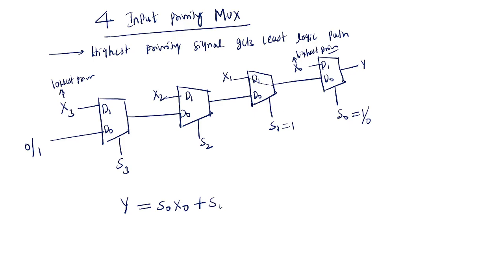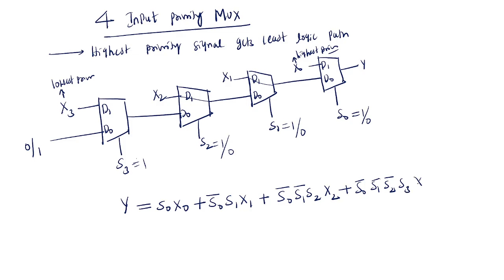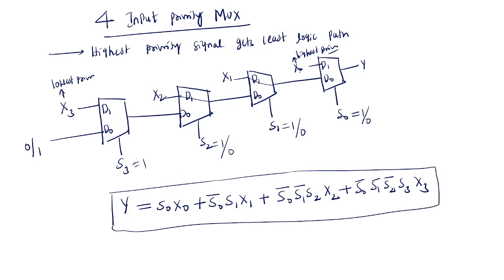So s naught bar s1 x1, plus, when this is 0 and s2 is 1, x2 is connected: s naught bar s1 bar s2 x2. Again when this is 0, this becomes 1: plus s naught bar s1 bar s2 bar s3 x3. This is the logic expression for the priority mux, in which x naught has the highest priority and x3 has the lowest. Is it fine?